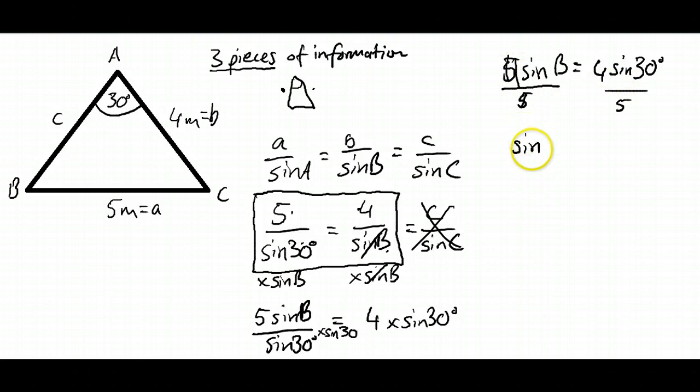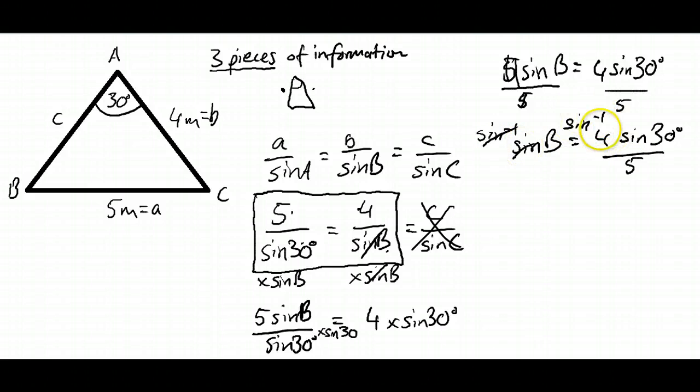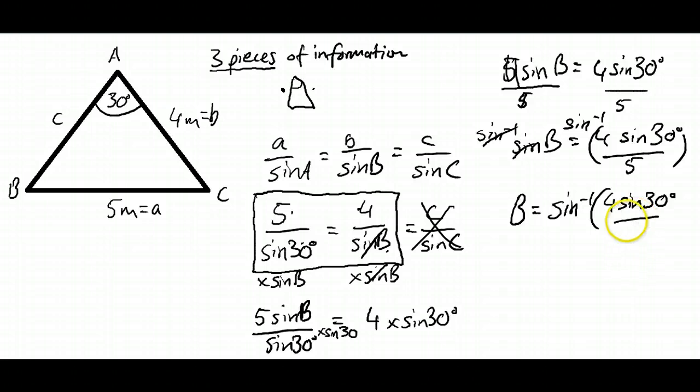So now we've got sine B equals 4 times sine 30 degrees over 5. And lastly, to get rid of the sine, we do inverse sine. That's gone. And we've got to take inverse sine of this whole other side. So the angle B is going to equal the inverse sine, or sine to the negative 1, of 4 times sine 30 degrees over 5.